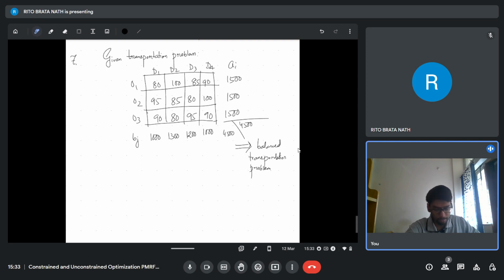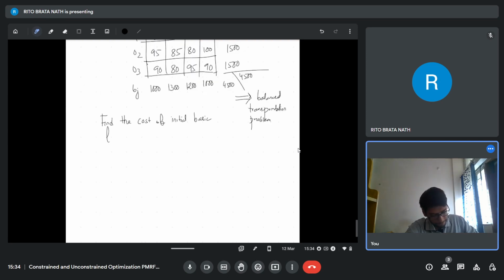Now, what you have to do is find the cost of the initial basic feasible solution of the above transportation problem by VAM method.